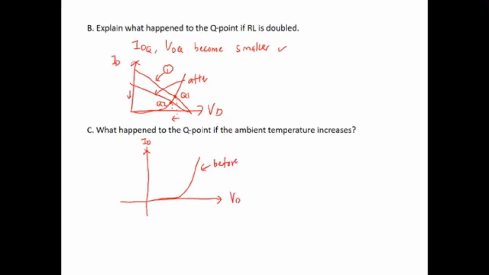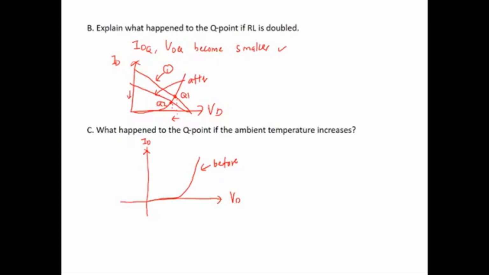When temperature increases, the majority electron carriers inside the junction will have higher energy, and there will be more free electrons because more electrons are released, generated from the valence electrons. So there's a higher possibility for the electrons to move across the p-n junction.